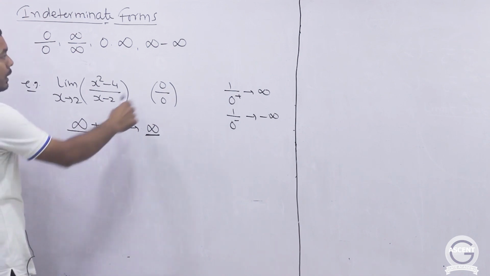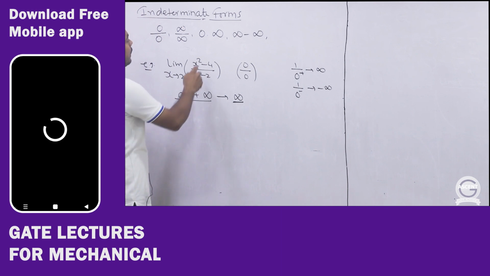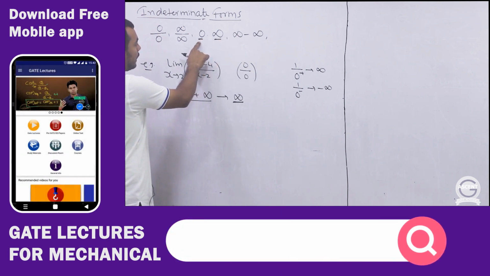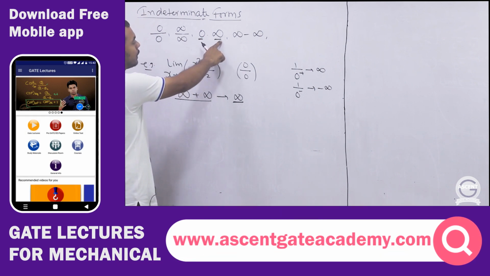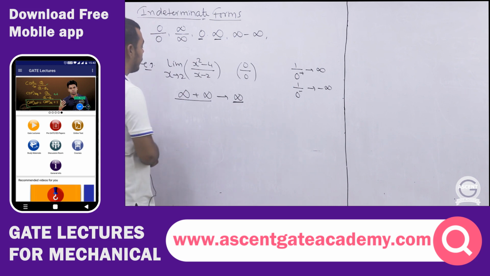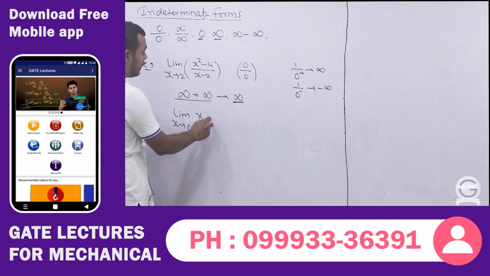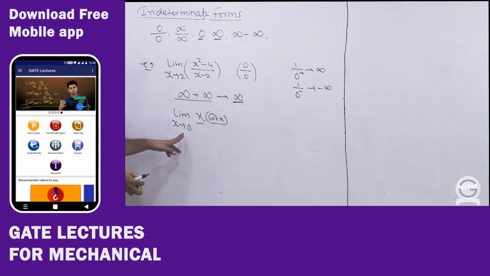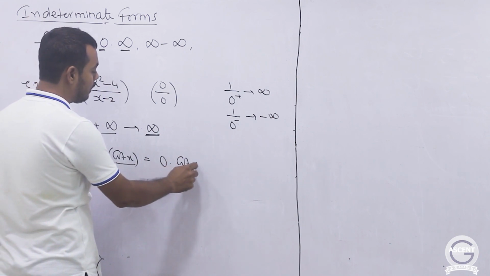There are 3 other indeterminate forms, but another thing you have to keep in mind is that these are not exact numbers. When I write 0 into infinity, it means one part is approaching 0 and another part is approaching infinity. For example, suppose I write limit x tending to 0 of x into cot x. Now if I place x equals 0 here, I will get 0 multiplied by cot 0.